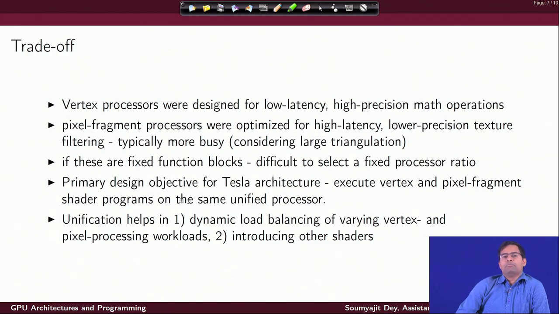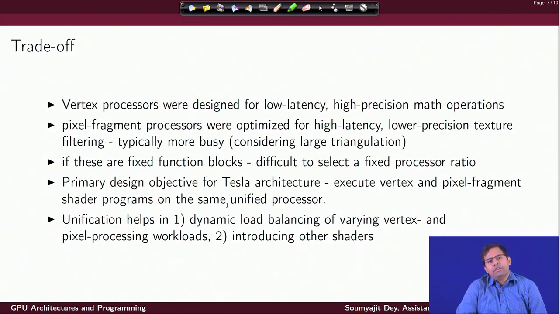So, the primary design objective for the GPUs, the Tesla architectures, was that these different vertex and pixel fragment shader programs need not be implemented as fixed function blocks, but should be implemented uniformly on a programmable processor, such that the same processing fabric can be reused for both of them.